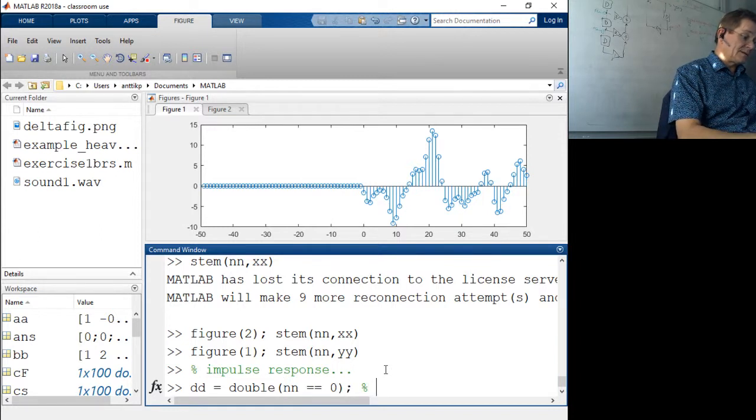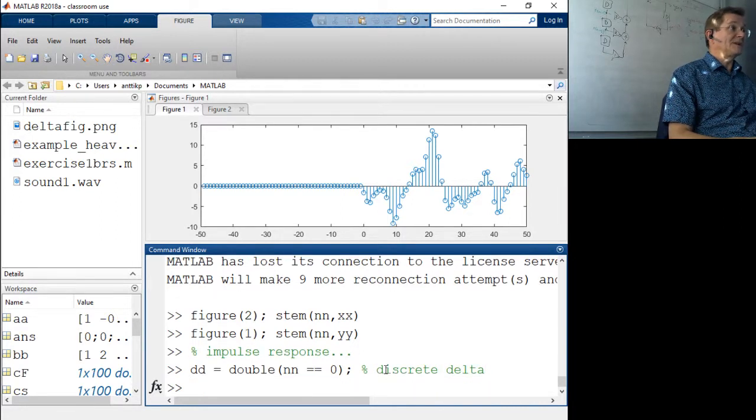This is the discrete delta. So this is the impulse function. That signal goes through the system. I get the impulse response. Filter BB AA DD. By default.